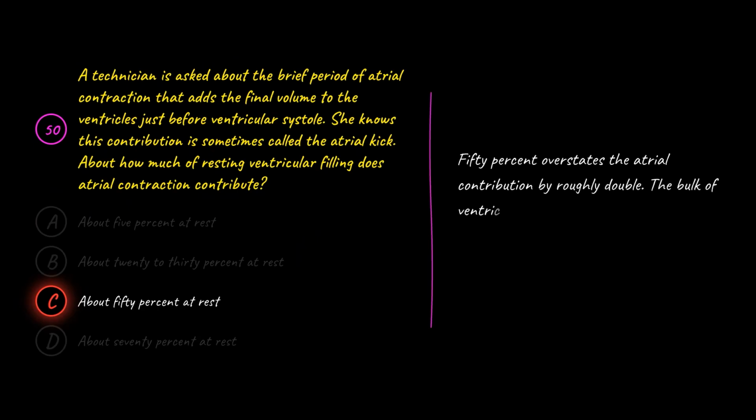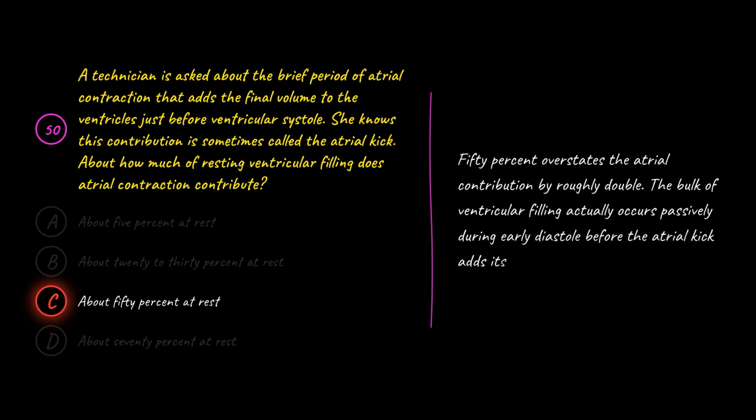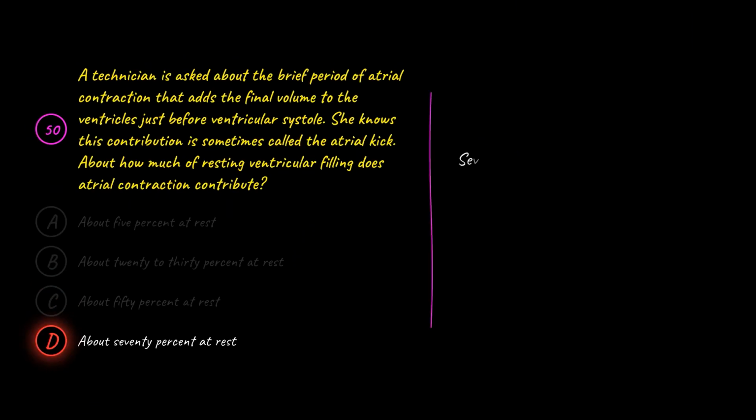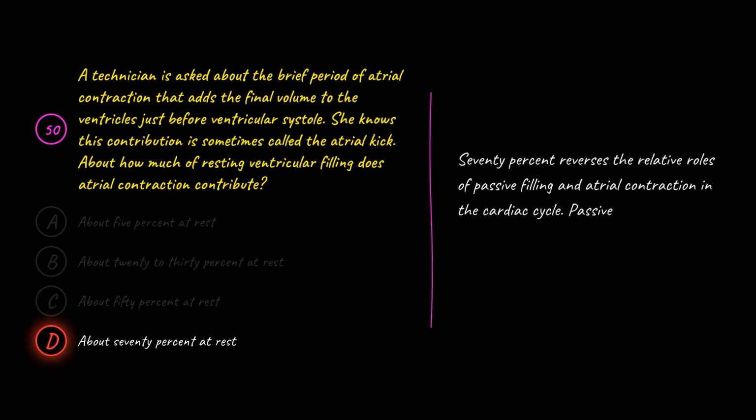The bulk of ventricular filling actually occurs passively during early diastole, before the atrial kick adds its final share. D is wrong because 70% reverses the relative roles of passive filling and atrial contraction in the cardiac cycle. Passive filling, not atrial contraction, accounts for the majority of ventricular filling at rest.